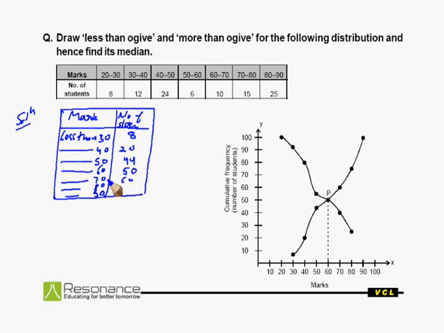Less than 70 there are 60, less than 80 there are 75 students, and less than 90 there are all 100 students. So this is our less than cumulative frequency table.